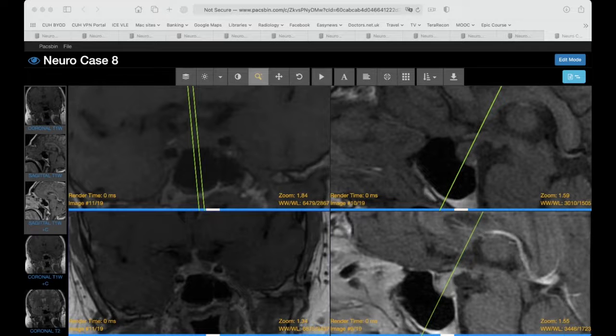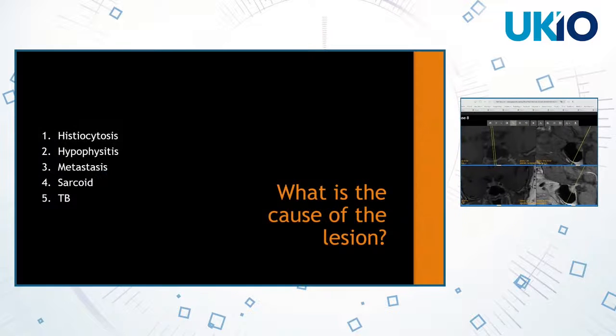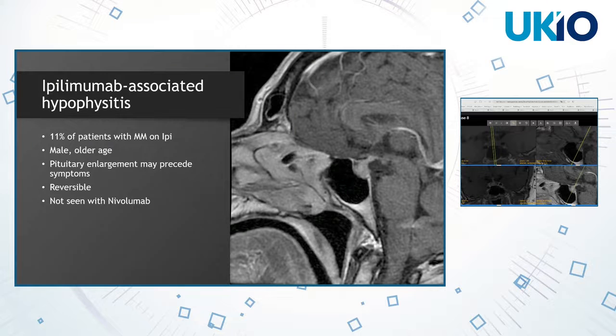Okay, so if we head back to the presentation, please. And this was a pituitary hypophysitis, so an inflammation of the pituitary gland. But the appearance itself is not specific, and any of these conditions could show you a similar appearance. But it's the history, and they've got renal cell cancer.